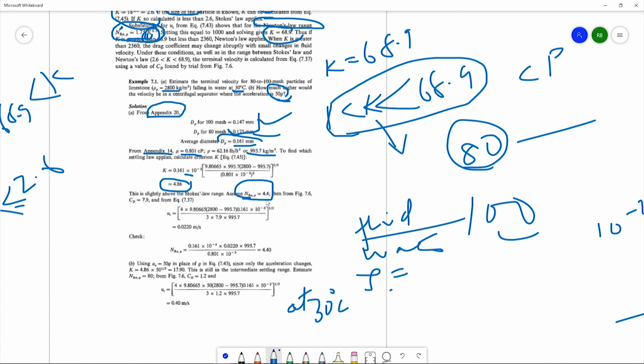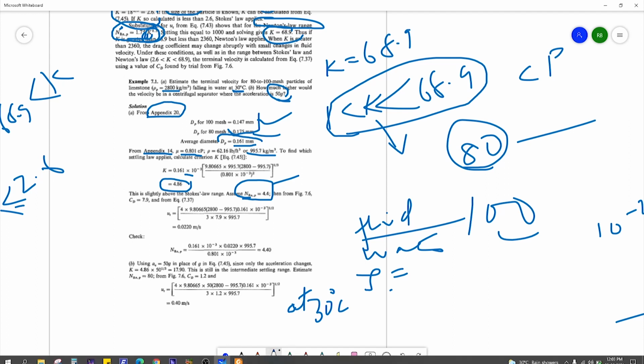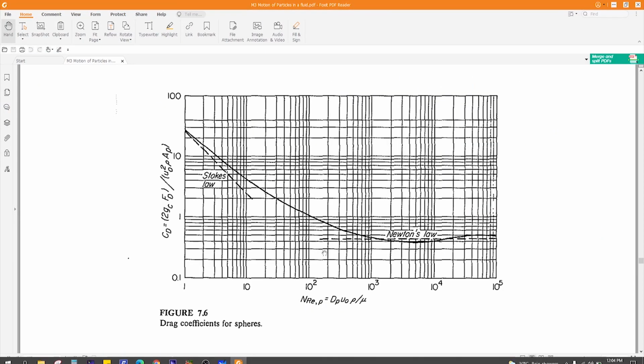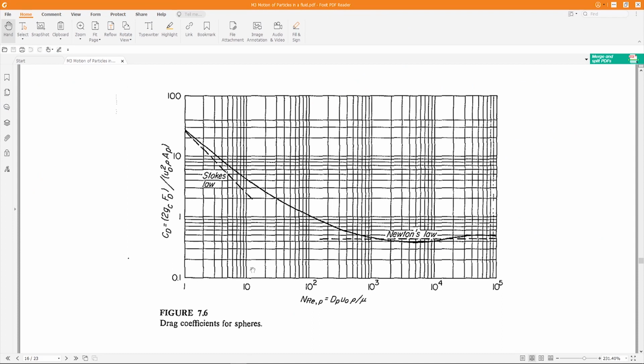So with 4.4, you can use figure 7.6. From this figure, the Reynolds number is somewhere in between, so we can calculate the drag coefficient.